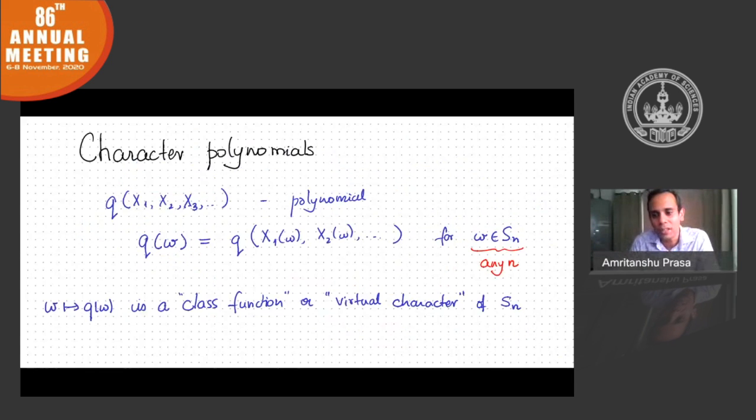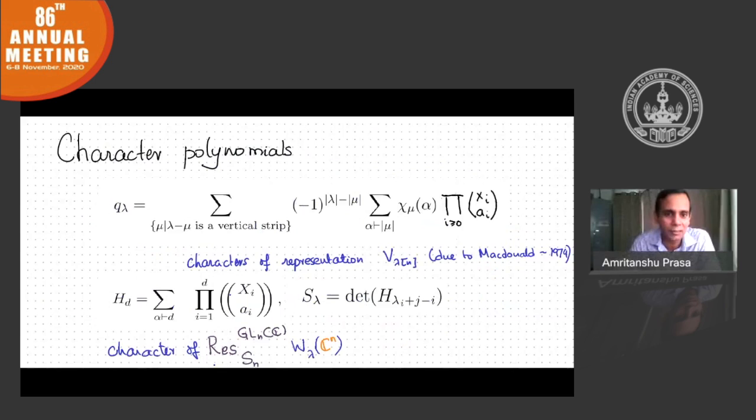Then it gives rise to a function on the symmetric group for every n. So it gives you an infinite family of functions on symmetric groups, which we think of as virtual characters. They may not be characters of representations, but sort of formal linear combinations of characters. And there are formulae for these. There's a classical formula for the character of an irreducible representation of the symmetric group. I'm just flashing it here.